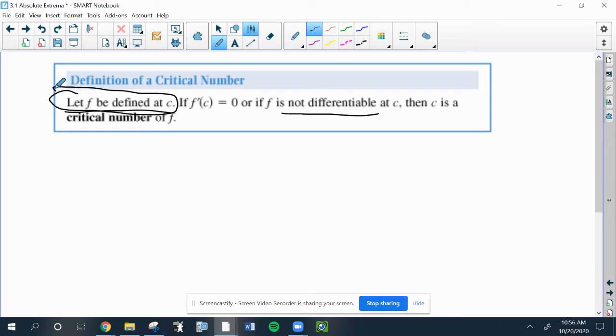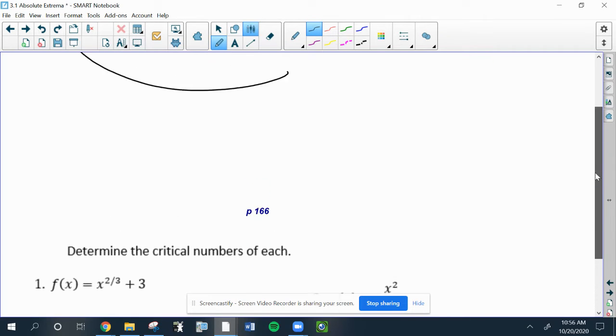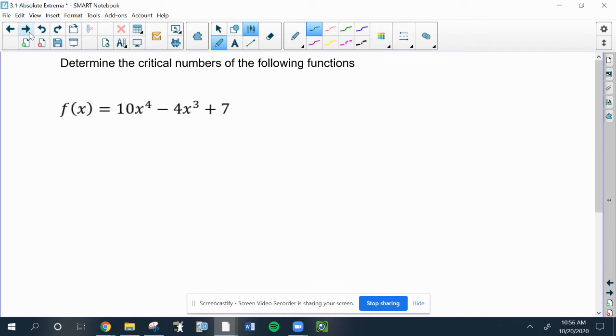So you have to make sure when you establish, say, x equals 5 is a critical number, it's only a critical number if 5 is defined in the original function. You'll see that come up in some of these problems I give you, I hope. So we're going to do 4 problems to find the critical numbers. They're also called critical values, in case you see that.